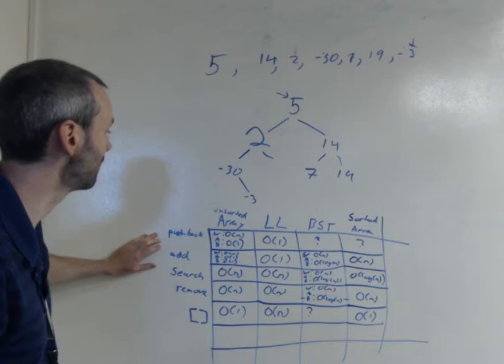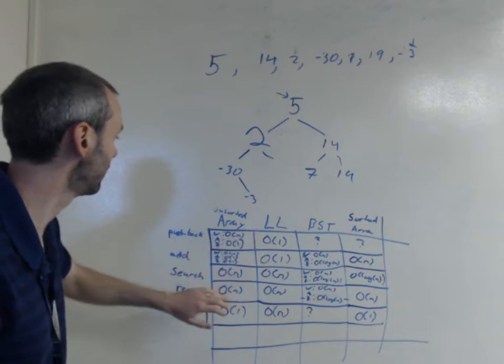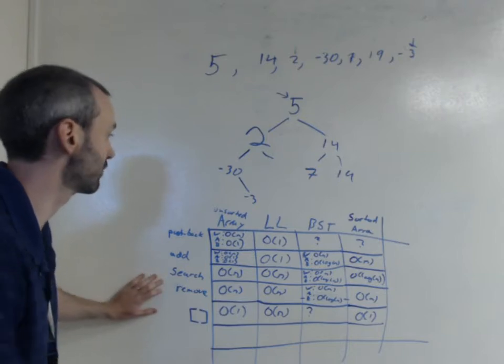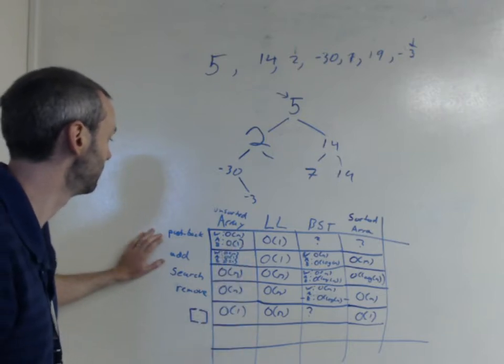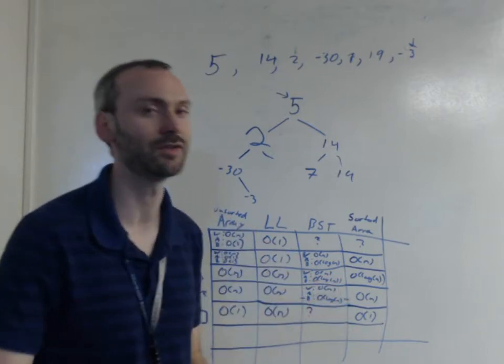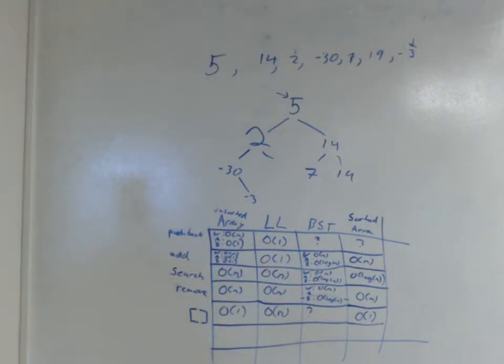If you're pushing to the back, and I didn't put pop, but pushing and popping, probably a linked list. If you're just doing searching, the sorted array is going to be better. But if you want the subscript operator because you want to jump down to different points as quickly as possible, then the array is going to win.